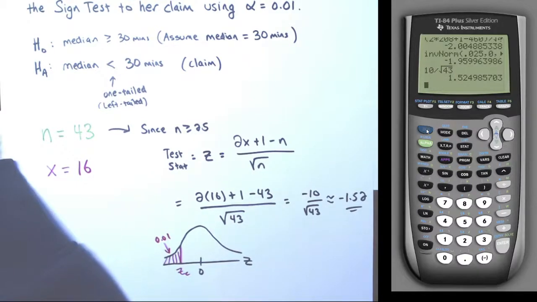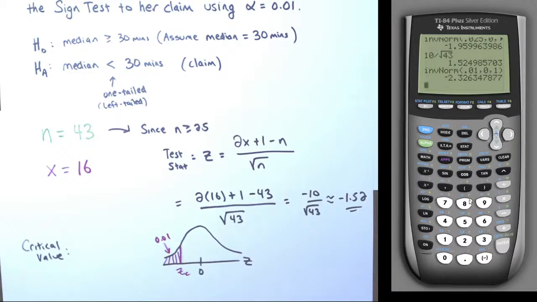So I go to my inverse normal distribution: inverse normal, area to the left 0.01, mean 0, standard deviation 1. Okay, so this critical value is approximately negative 2.33.